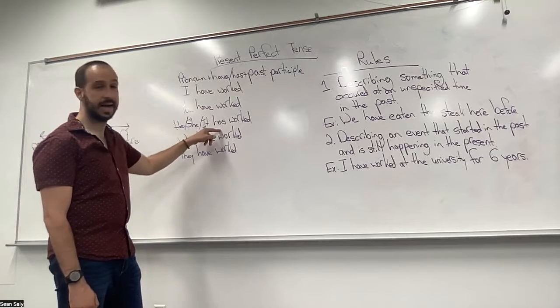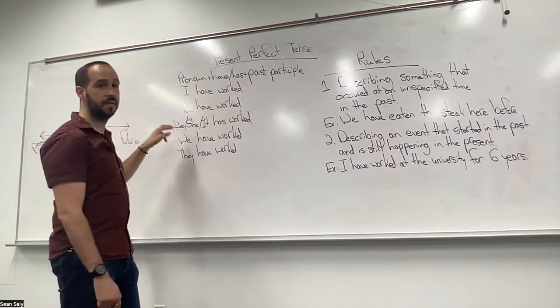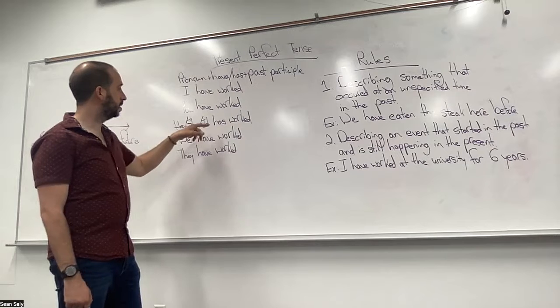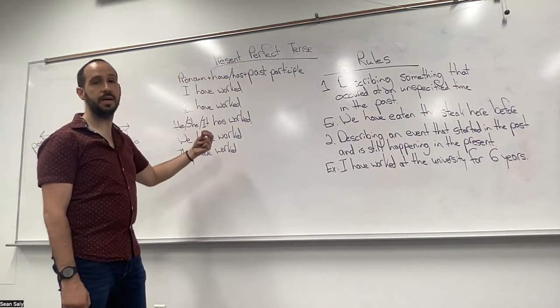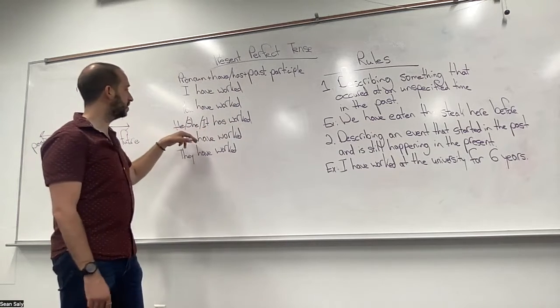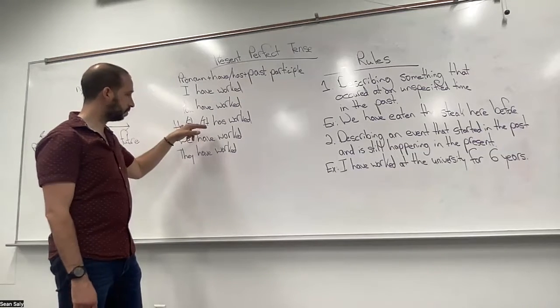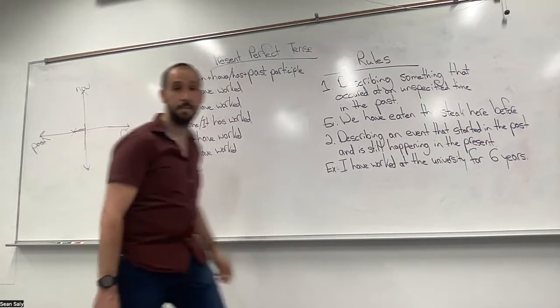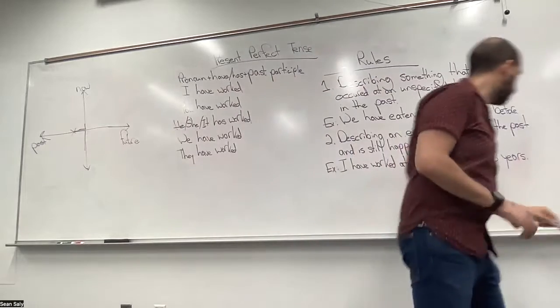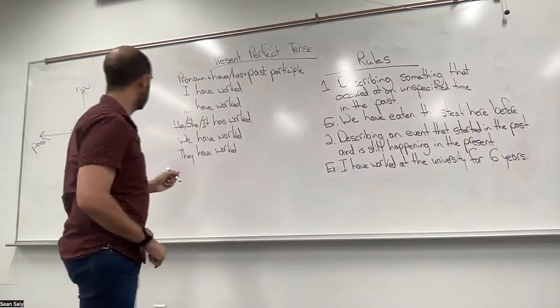He, she, it has worked. Remember, the third person singular has s. It's an irregular pronoun. For example, let me think of a good example here. I use my purple marker. Okay.